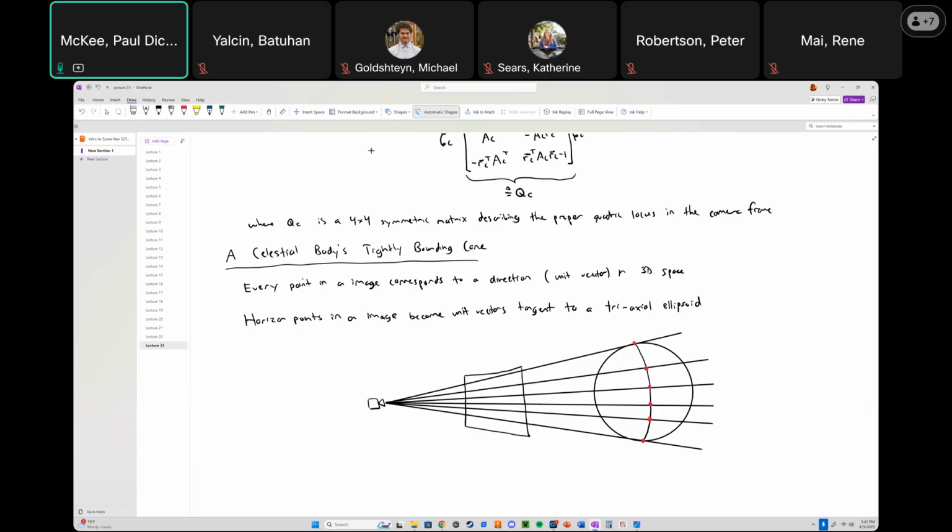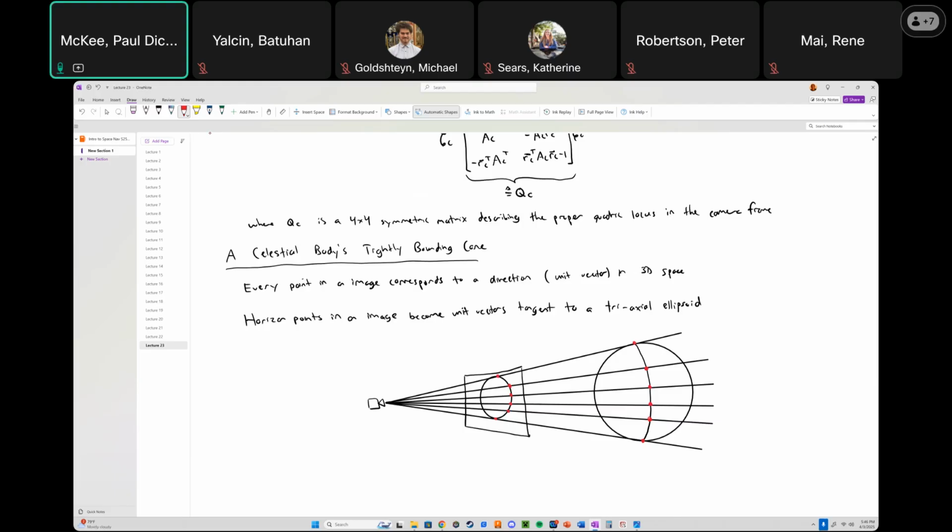Let me try a little harder here. Maybe I'll make it a bit of an ellipse. There you go. In the image, you're going to get a flat circle with points on the edge.